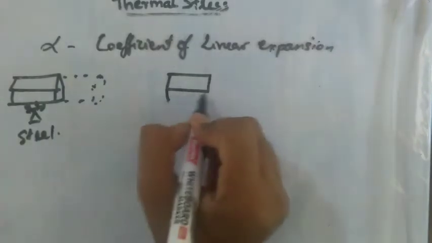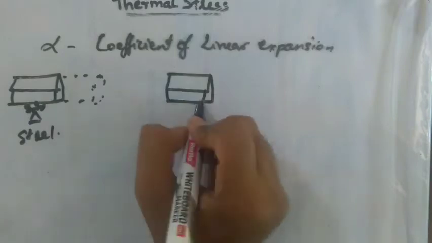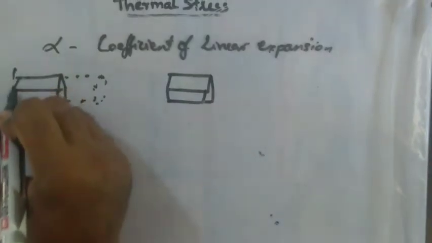Coefficient of linear expansion. If I am asking you, I took a steel rod, a steel bar, and I am heating it, it will extend to some position. I am taking invar, which is also a metal, and heating it.